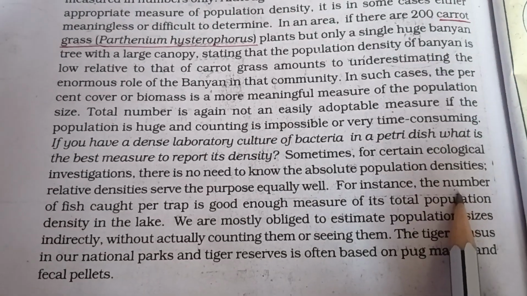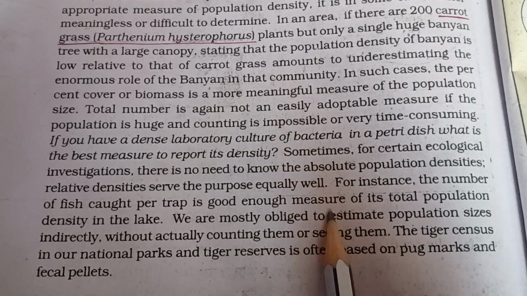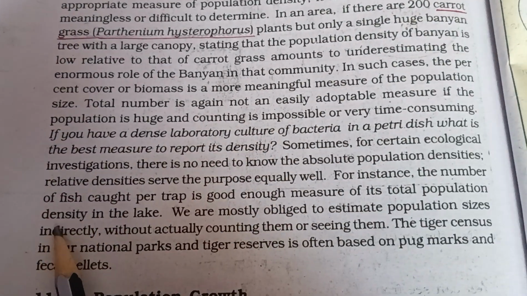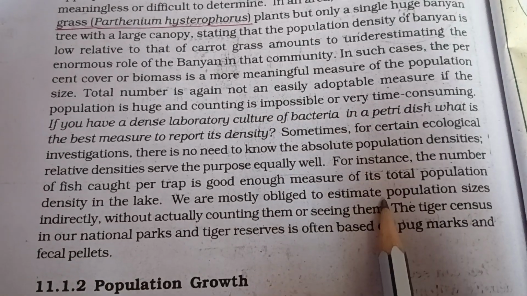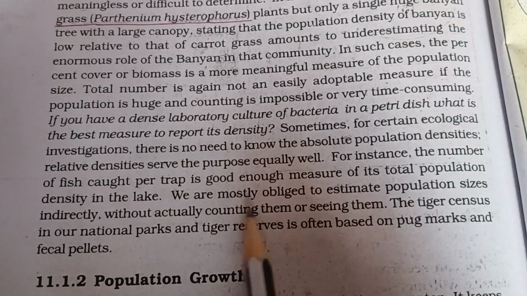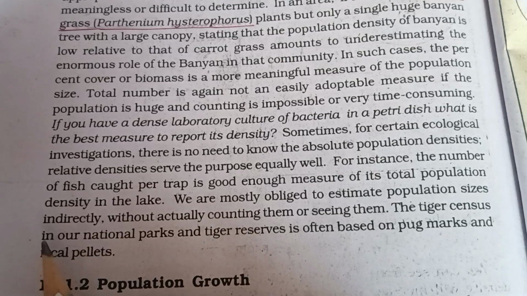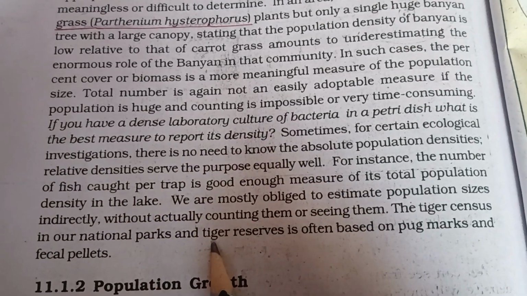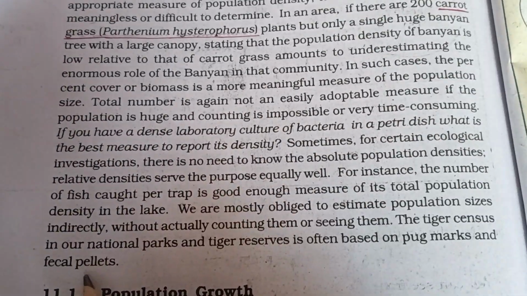For example, let's suppose the number of fish caught per trap is a good enough measure of its population density in that lake. We are mostly obliged to estimate population sizes indirectly without actually counting them or seeing them. The tiger census in our national parks and tiger reserves is often based on pug marks and fecal pellets.